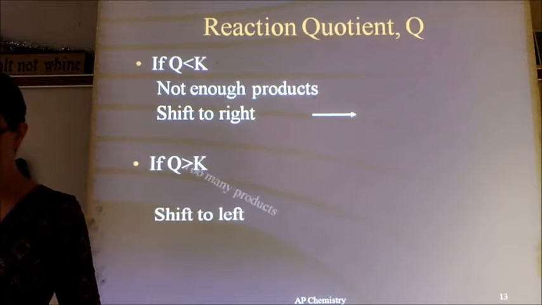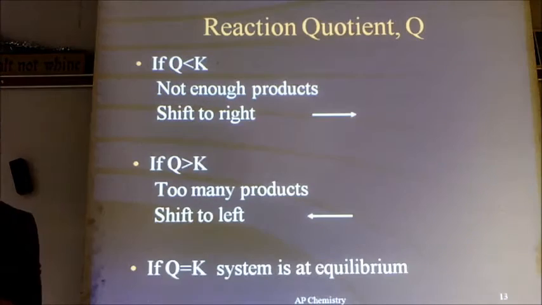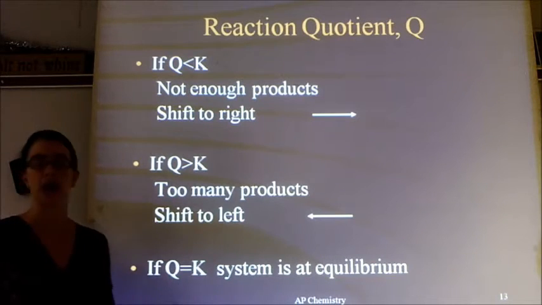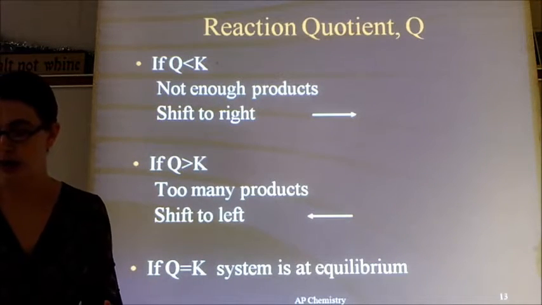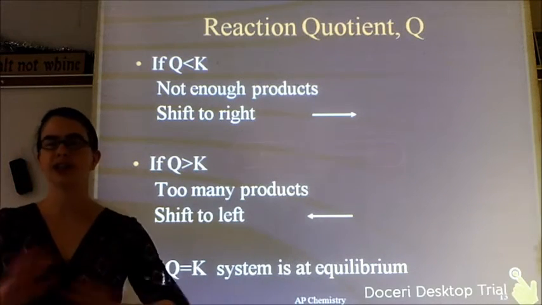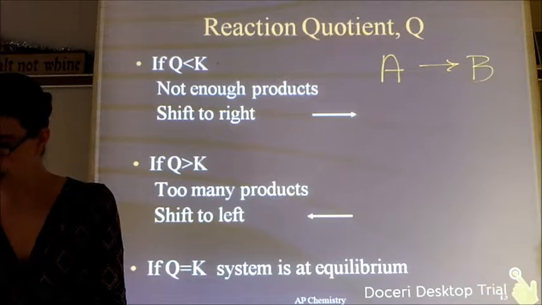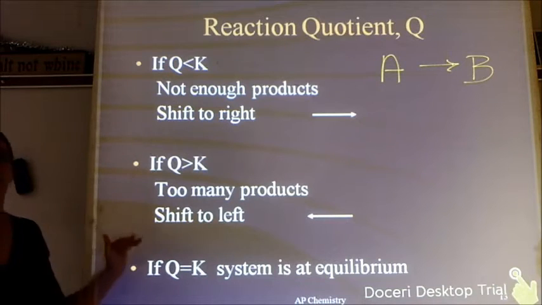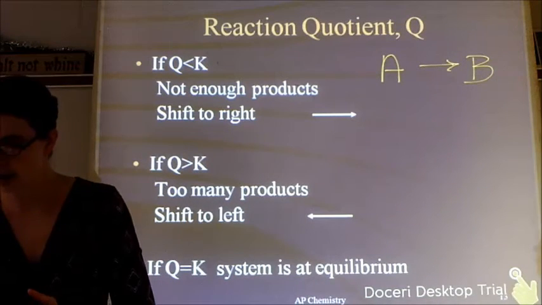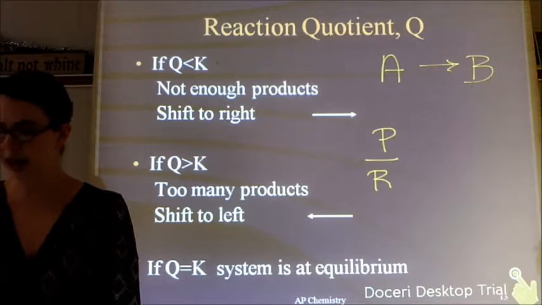Now, here's the thing. I'm going to put some information up here that I do not want you to memorize. I want you to understand it. All right? And we're going to use the simplest possible reaction you could think of. A goes to B, right? And both Q and K, if you'll remember, are calculated products over reactants.